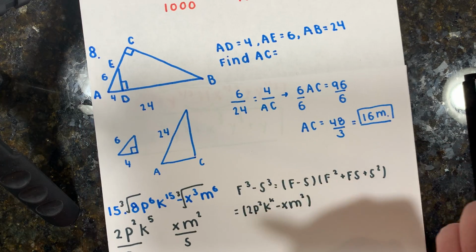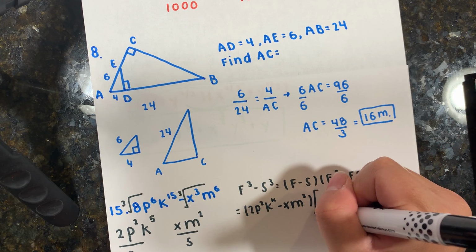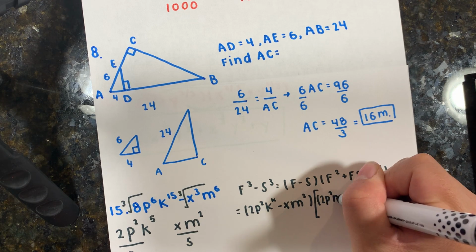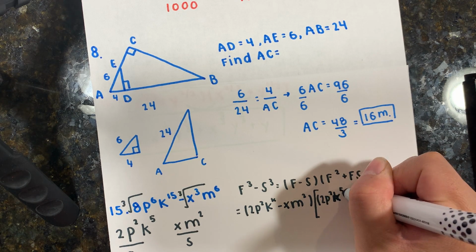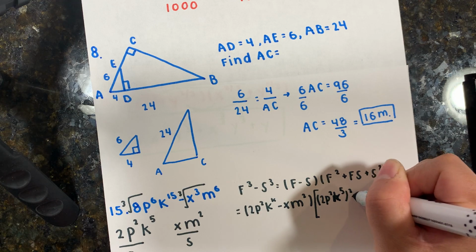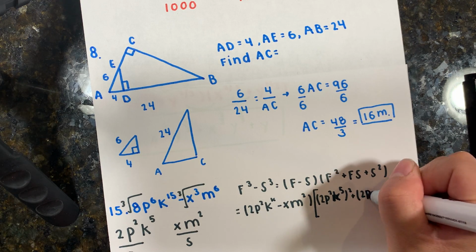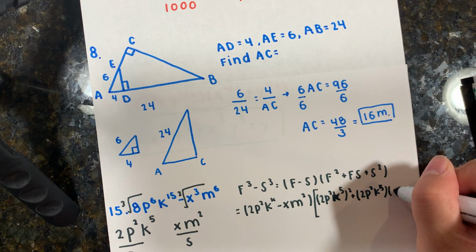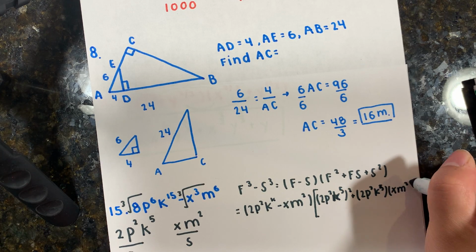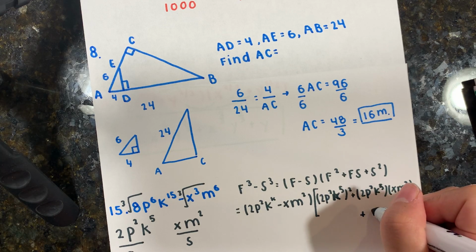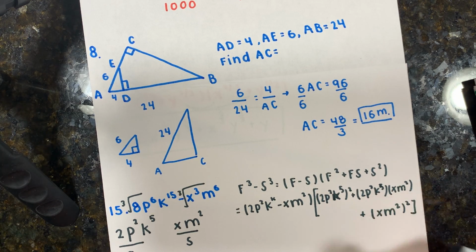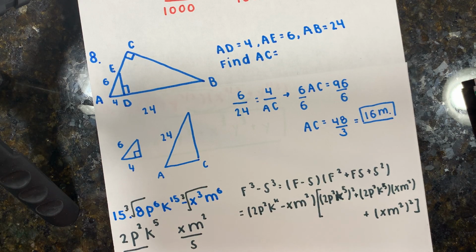Oh, this is not going to fit. So times, it's going to be 2p squared k to the 5th squared plus 2p squared k to the 5th times xm squared, continued on, plus xm squared squared. So the left parenthesis stays as is.